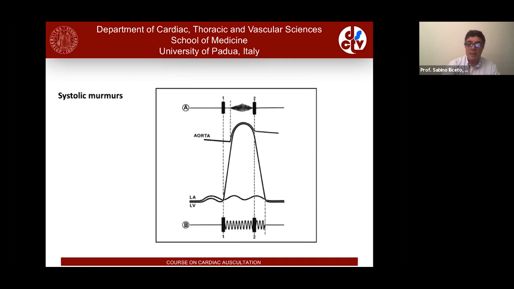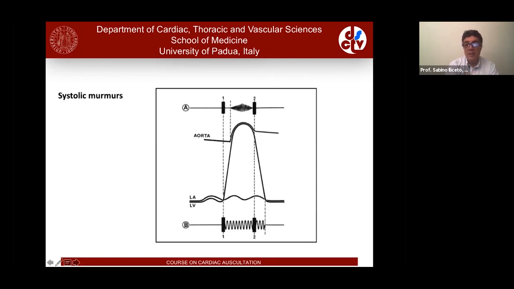In the second situation, the murmur is created in systole by the regurgitant fraction of output that will return to the left atrium, and that's the reason why the murmur is named regurgitant. In the first case, the murmur will end with the closure of the aortic valve, while in the second case, the murmur can continue for a short time after the second sound.